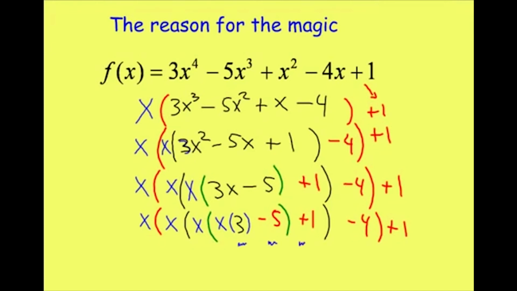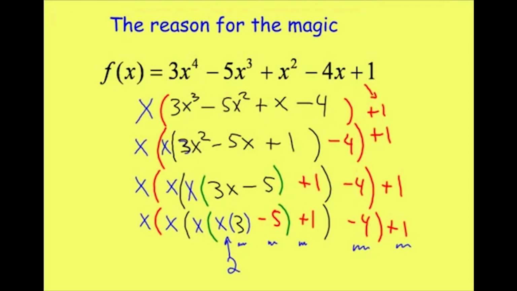And the coefficients that we had were the 3, the negative 5, the plus 1, the negative 4, and the plus 1 from before. Our multiplying number is represented here as x, and that multiplier number in our problem was a 2.